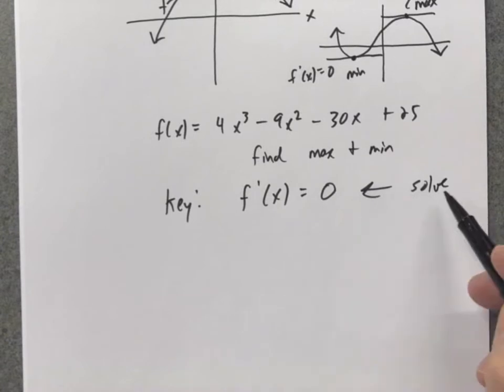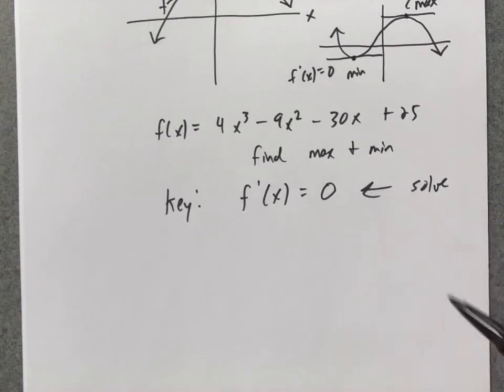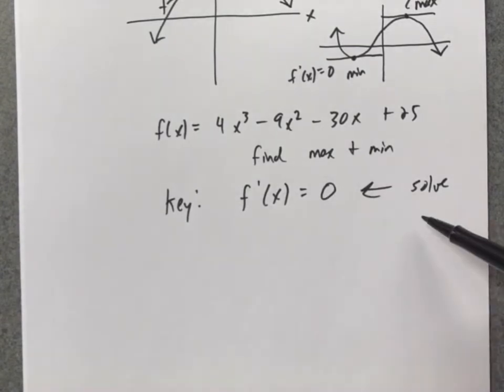And when you solve this equation, the solutions will usually be maxes or mins, although as we do it, you're going to see there's one more thing that can happen. But definitely, this is a way to find our maxes and mins. Maybe not every solution is a max or min, but the maxes and mins are definitely going to be the solutions to this.